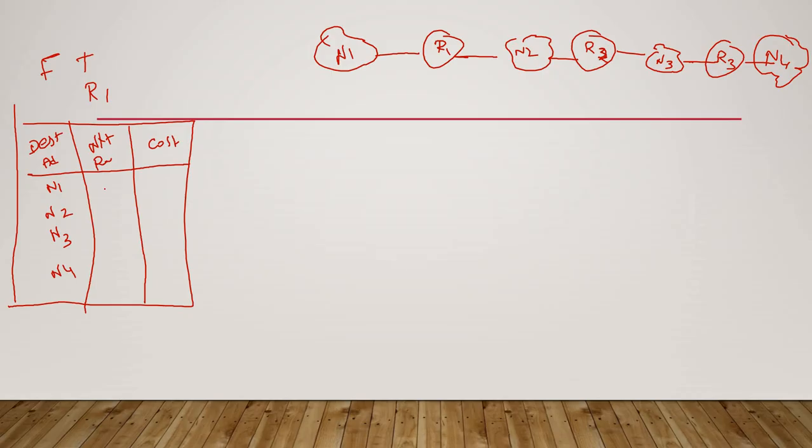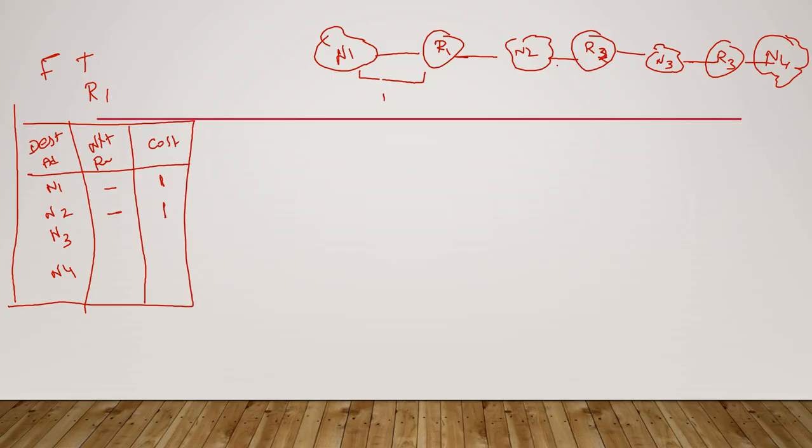Now the next router. For network 1, is there any next router? No, because it is directly connected to R1, so there are no intermediate routers and no next hop. The cost of jumping to network 1 is 1. Similarly, for network 2 there is no next router, and the cost is 1.